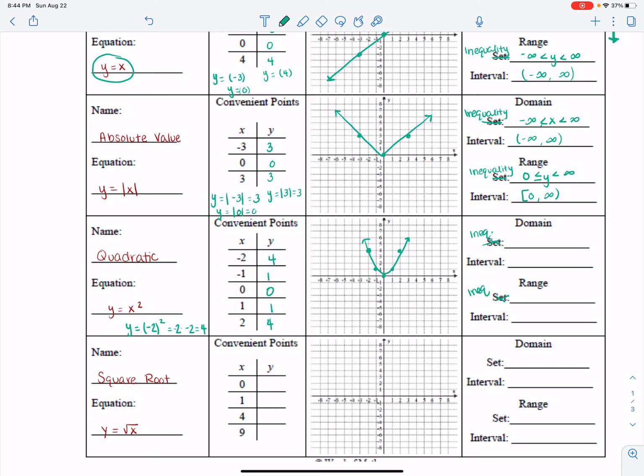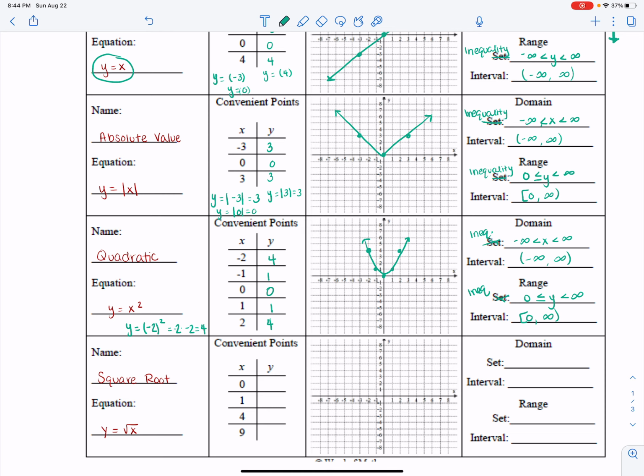The domain of this graph is going forever left and forever right. So we have from negative infinity to infinity. The range of this graph is going from 0, and it can be on 0 to infinity. So we have bracket 0 to infinity.